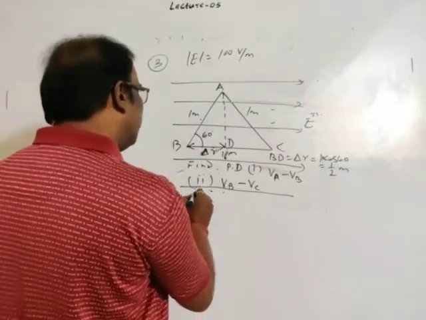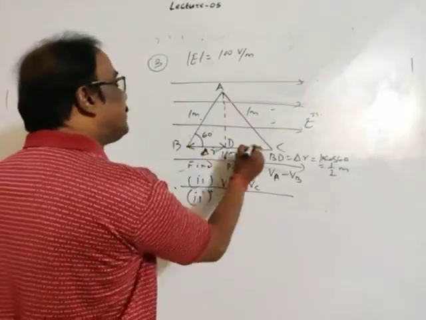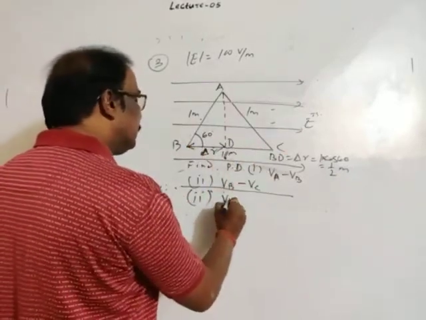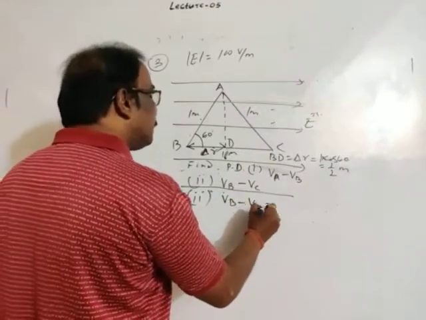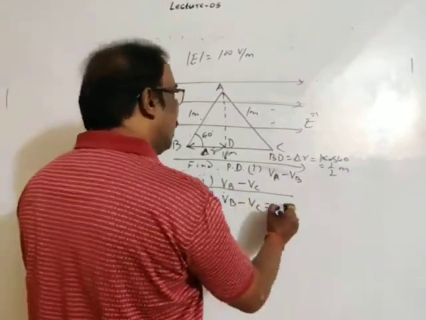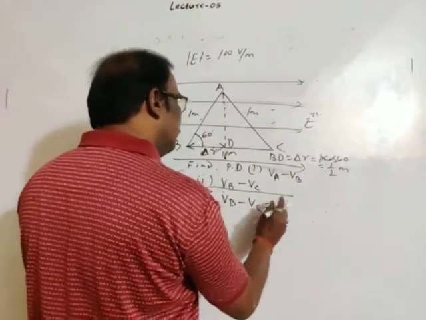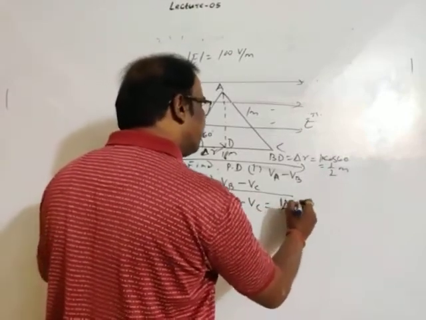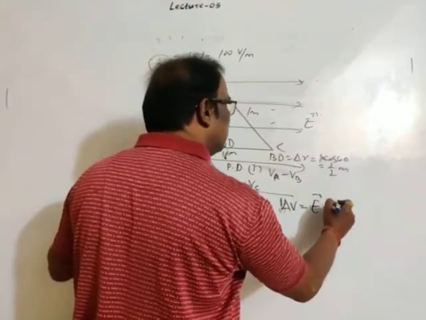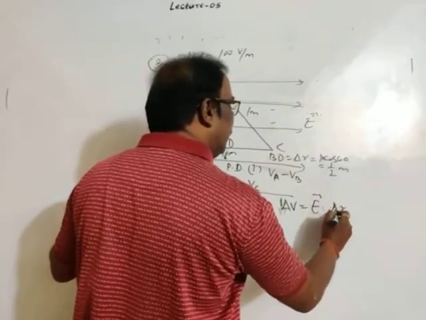VB minus VC. Again, our formula is delta V equals E dot delta R.